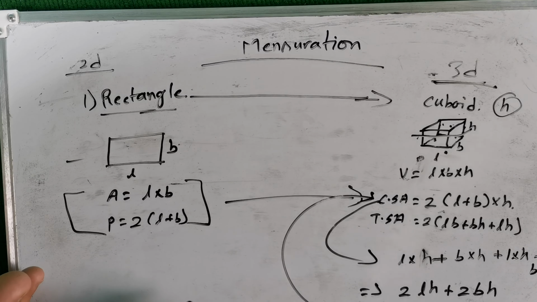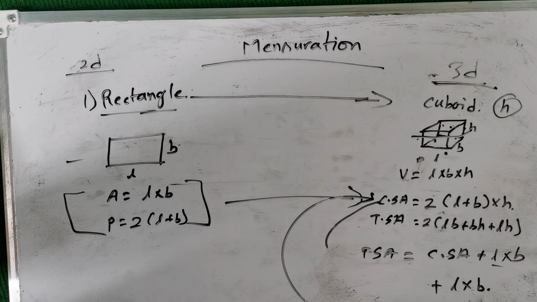I will also tell you how it comes. Total surface area means curved surface area plus upper part, here L into B, and down here L into B. That means curved surface area is 2 LH plus BH, plus here BH, plus 2 LB. 2 common, 2 into LH plus BH plus LB.